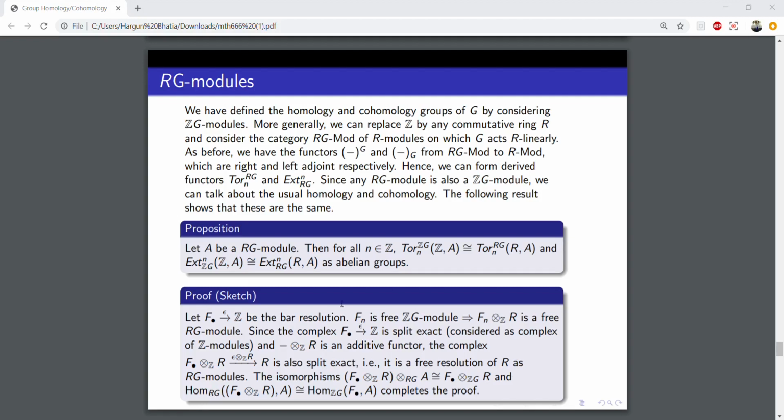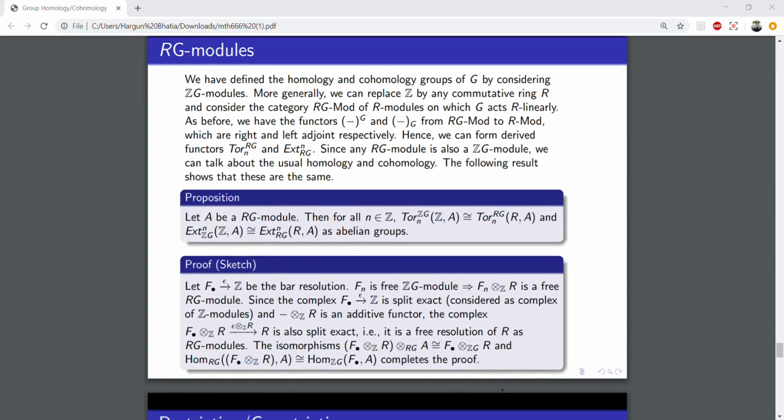Similarly, to compute this, you take Hom of this chain complex F tensor R comma A, and again this is isomorphic to Hom ZG of F comma A. Of course the cohomology of this computes this Ext group, and the homology of that computes the Tor. Similarly here, so that completes the proof.